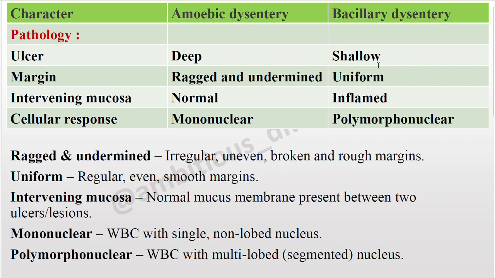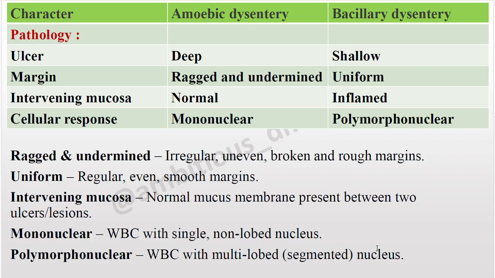Intervening mucosa means normal mucous membrane present between two ulcers or lesions, which is normal in amoebic dysentery and inflamed in bacillary dysentery. Cellular response is mononuclear in amoebic dysentery. Mononuclear means WBC with a single non-lobed nucleus, and polymorphonuclear in bacillary dysentery. Polymorphonuclear means WBC with a multilobed or segmented nucleus.